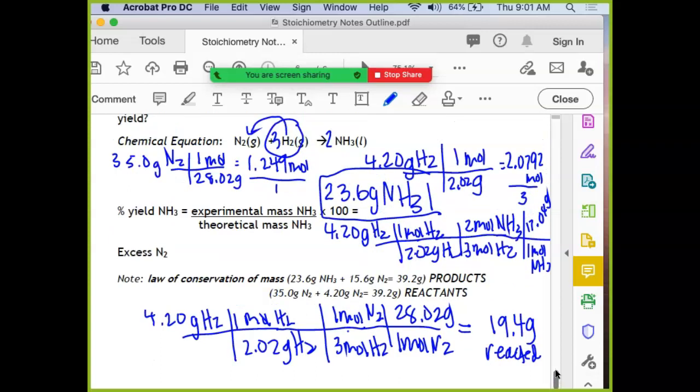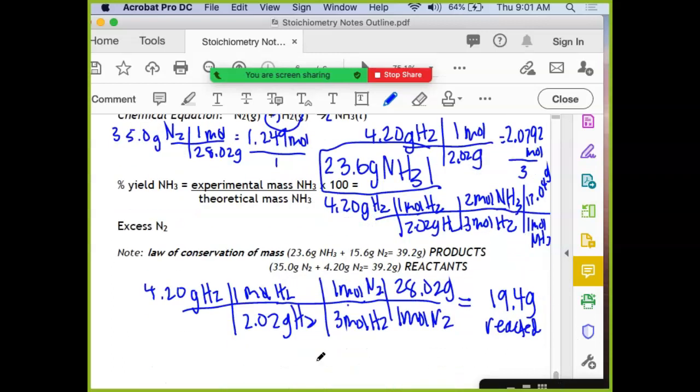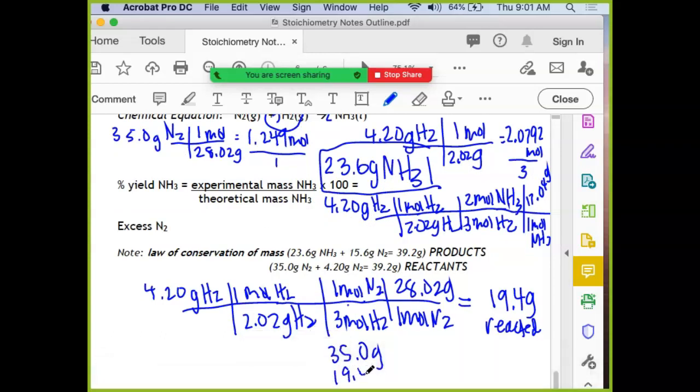Well, we know that there were 35 grams of nitrogen at the beginning. So if there was 35 grams of nitrogen and 19.4 of it reacted, that means you lost 19.4 of it. This is a subtraction problem.